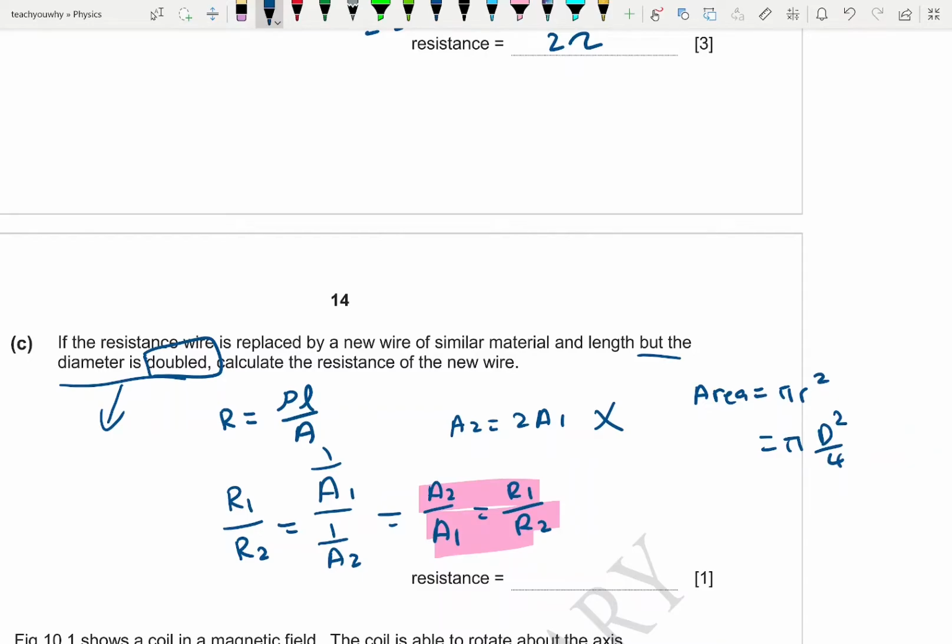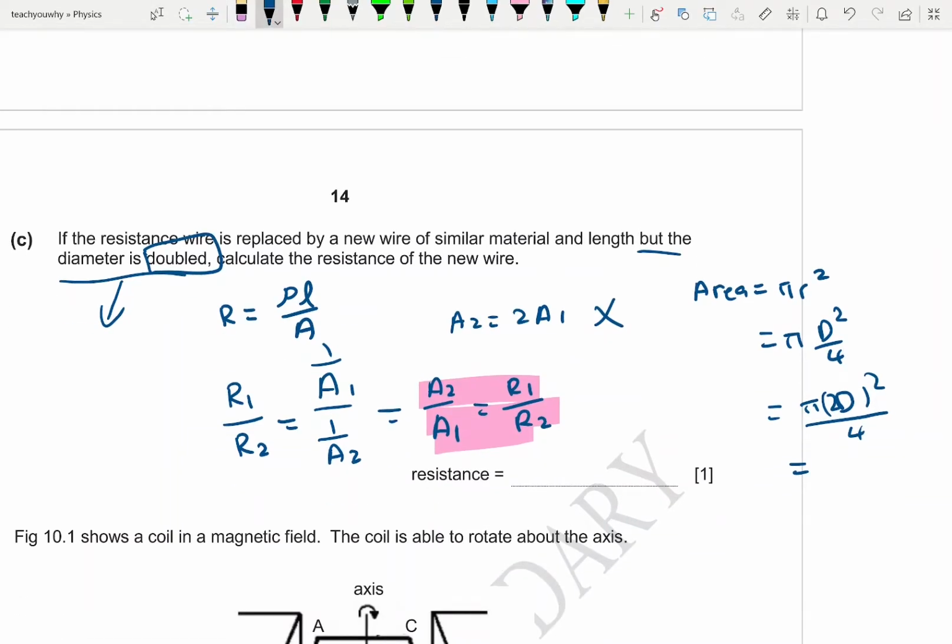Now if my diameter doubles, so my diameter becomes 2d, squared over 4, you see what happens. It becomes pi d squared. So if you compare, actually when you double the diameter, the area increases by 4 times because of the square power. And hence, we would say that A2 is not 2A1.